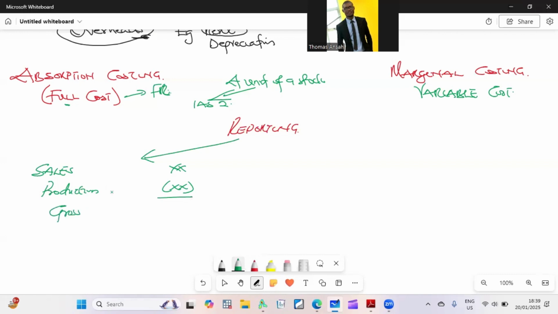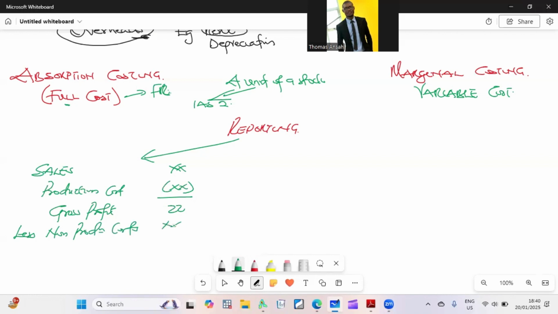So this is how we get gross profit. And if you want your net profit, then you will less non-production cost. Like the way we do in FR, you will less operating expenses, those things that are not tied to how you produce the thing. So you less your non-production cost.